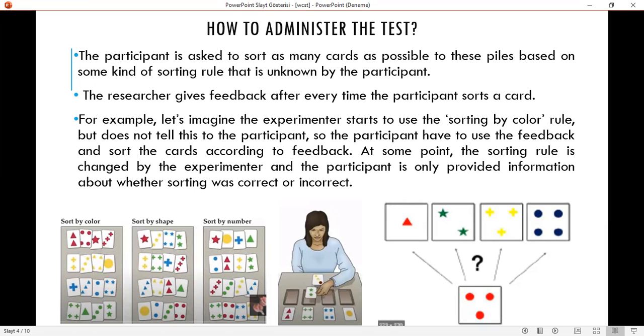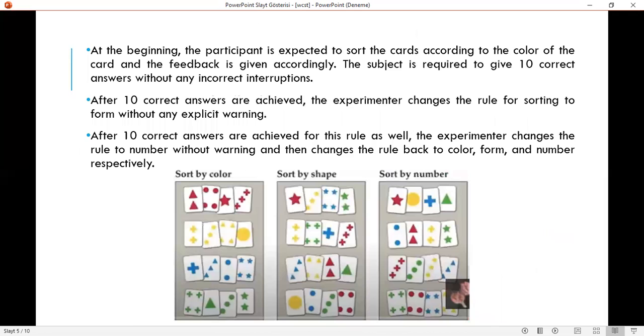At some point, the sorting rule is changed by the experimenter and the participant is only provided information of whether sorting was correct or incorrect. This means after every time the participant puts a card into these piles, we say correct or incorrect, then the participant continues according to this feedback.